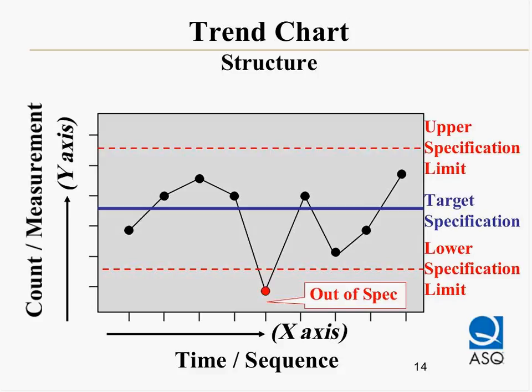The center line represents the target specification devised by the engineers, and the red lines represent the upper and lower specification limits. Anything outside of either of those represents a violation of the requirements. And so being out of spec, as you can see, that red dot below the lower specification limit means that you may reject that particular item that the data was generated from.